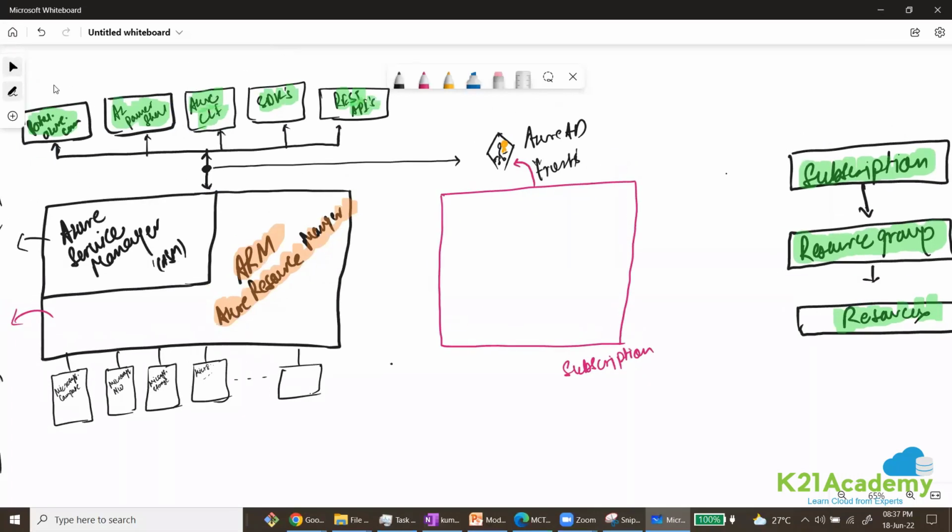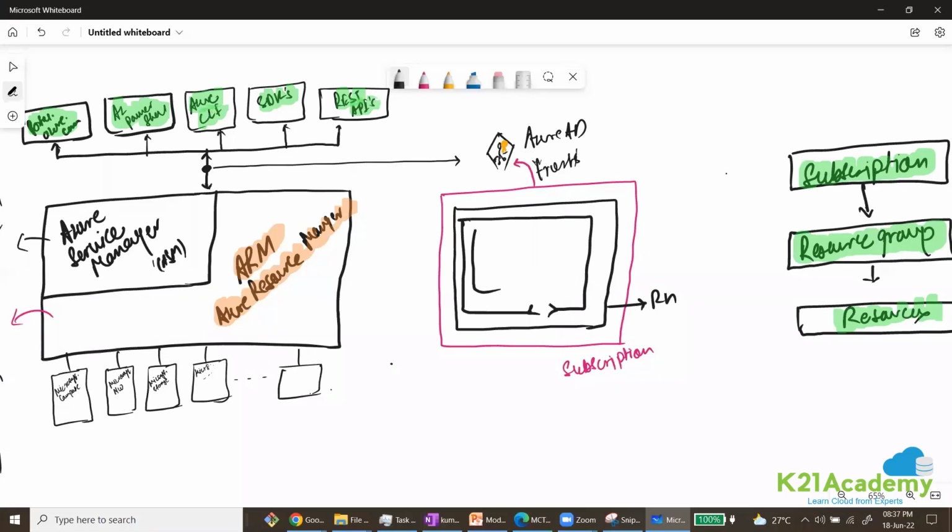Now, this is how the ARM portal basically works. So first of all, your resource group will get created. Then VNet will get created.